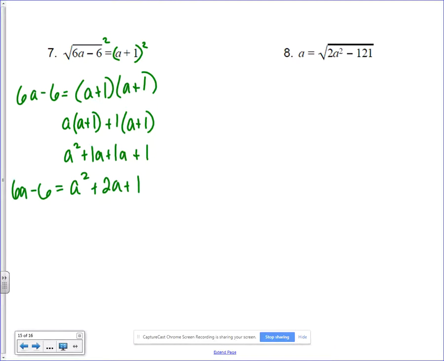Did you get a 2a in the middle? Can I isolate this, or do I need to set it to 0? To 0 because I got a squared and a. How are you going to set it to 0? Make sure you put them under their like terms. I get 0 equals what?